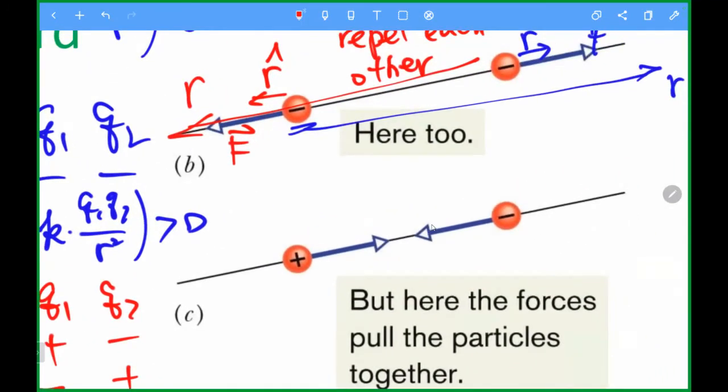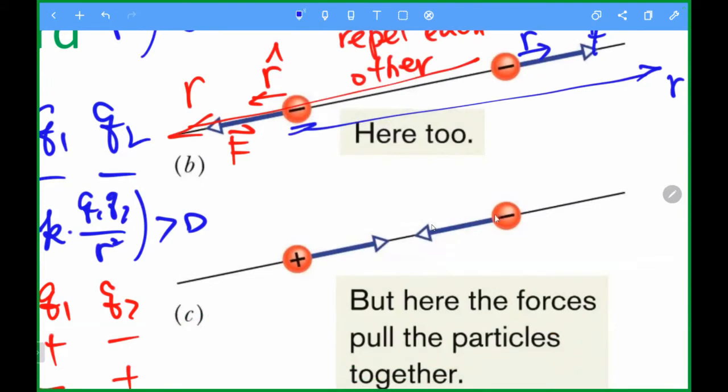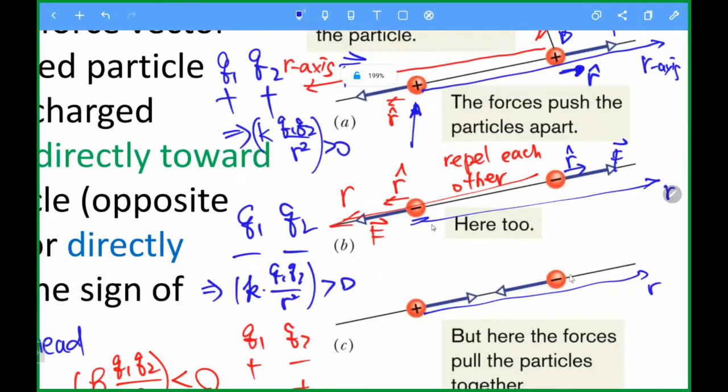So when we consider the force from the left charge acting on the right one, we can see that the r axis still points to the right side. The r axis doesn't change at all. The r axis from the left charge to the right charge always points to the right side.